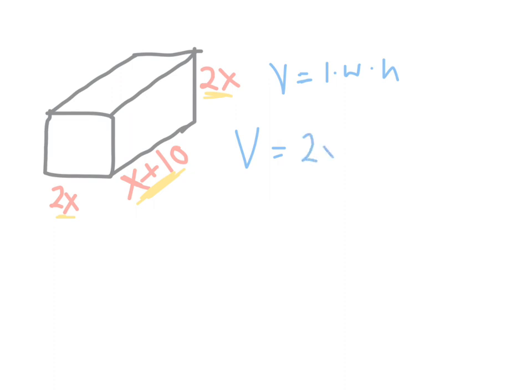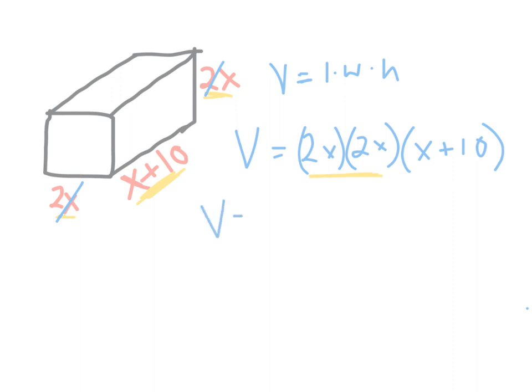So I'm going to do the 2x, using parentheses here, multiplied by the 2x. And then lastly, I'm going to multiply by x plus 10. Okay, so when I multiply the 2x by the 2x, I can do the numbers first. So 2 times 2 is 4, and x times x is x squared. And then I'm still going to need to multiply that by x plus 10.